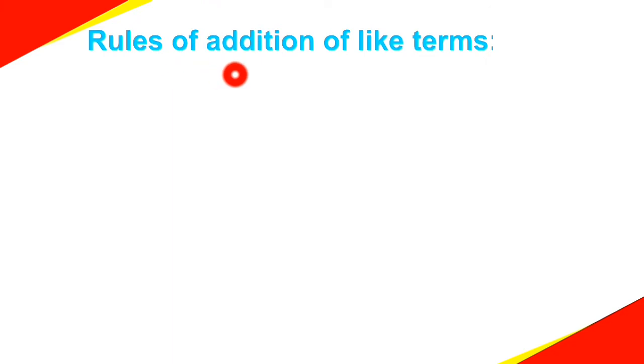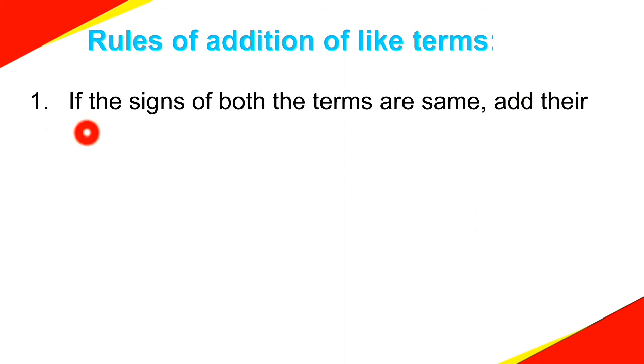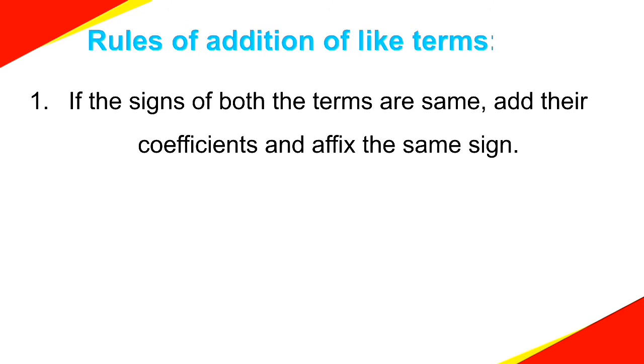Rules of adding of like terms. First one, if the sign of both the terms are same, add their coefficients and affix the same sign. For example, plus 8xy square plus 5xy square.